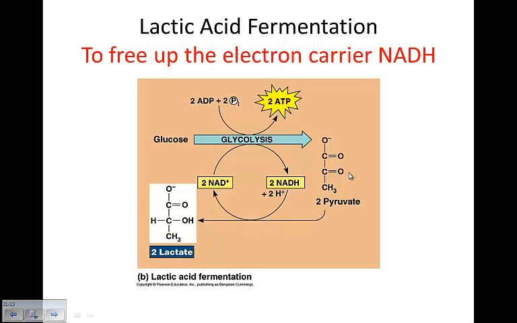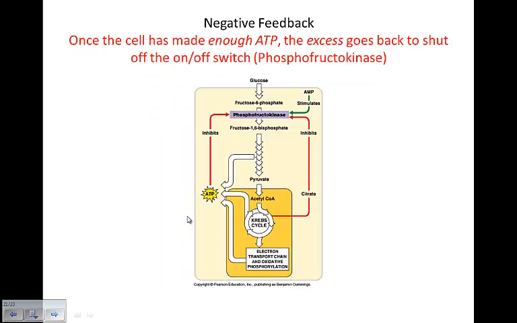It's breaking a double bond with the oxygen here and adding a hydrogen on. So we've gone from a carbonyl group here to an alcohol group, a hydroxyl group. Cheese, yogurt, muscle cramps. These are all types of lactic acid fermentation.